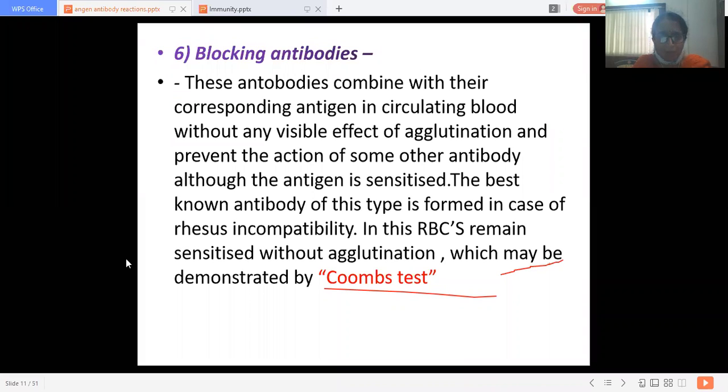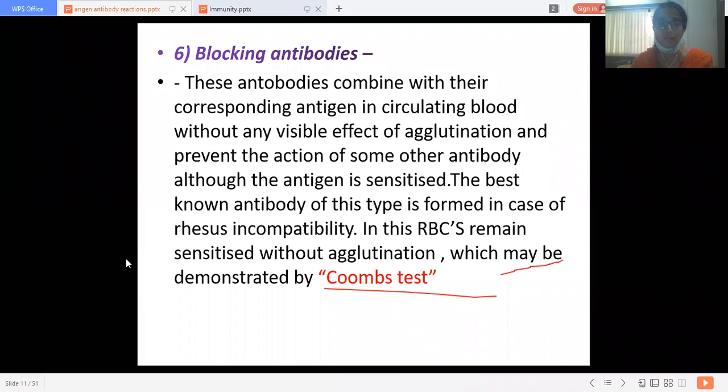They get blocked. So there is no visible effect like agglutination, cloudiness, precipitation, complement fixation or opsonization.